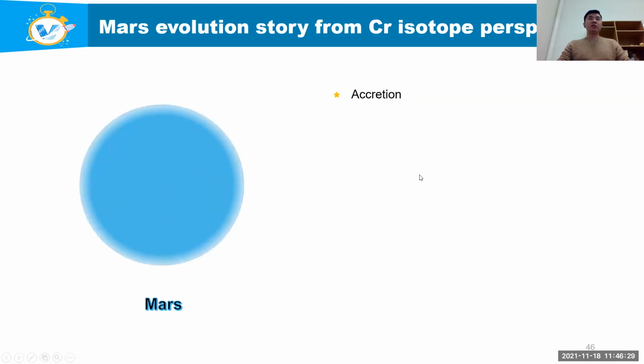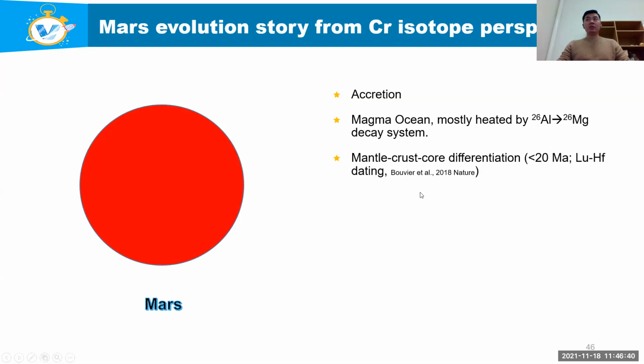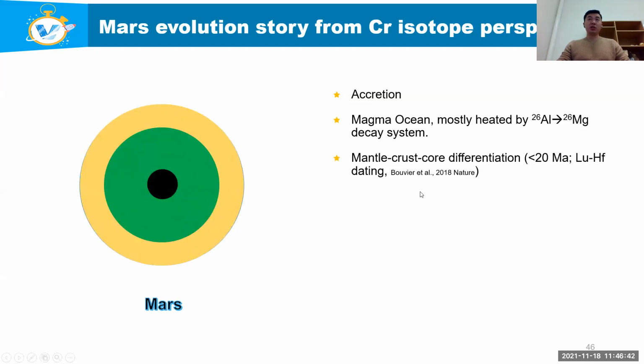So first, Mars started to accrete and experienced a magma ocean, mostly heated by the aluminum-26 decay system. And Mars also experienced mantle-crust-core differentiation, and this should have happened very early based on the lutetium-hafnium dating.